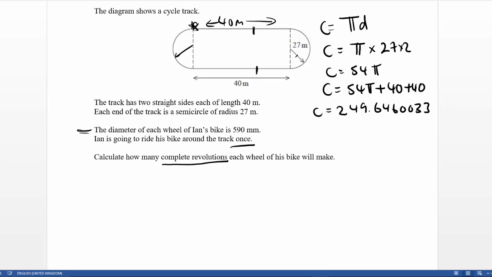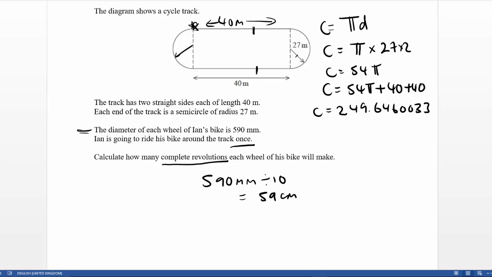the diameter of each wheel of Ian's bike is 590 millimeters. What I want to do is convert that to meters. So if I've got 590 millimeters, I know if I divide that by 10, that's going to equal 59 centimeters.